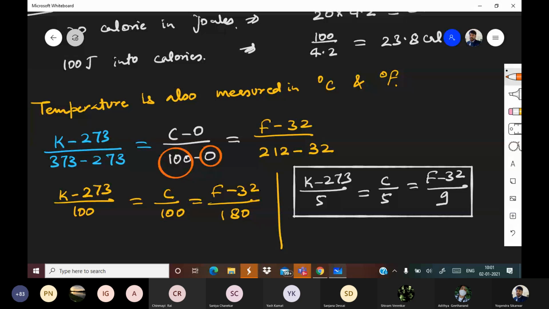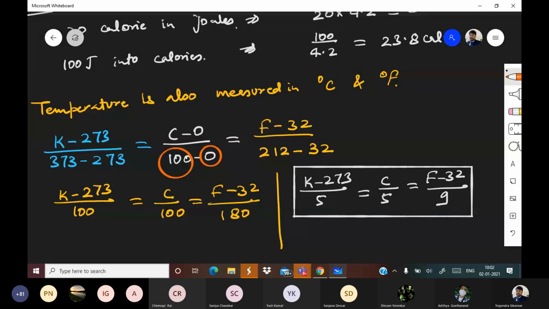Now comes degree Fahrenheit, why it is important. The most important use of degree Fahrenheit is in clinical purpose, in hospitals, at measuring temperature of the human body. Do you know why? Because the gap between boiling point and freezing point in degree Celsius is 100 units.